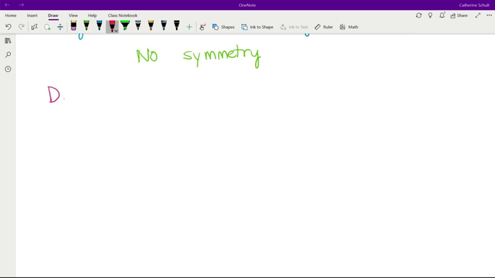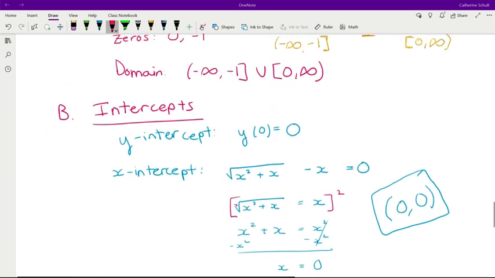And then D, we're going to be figuring out our asymptotes. And we have two different kinds. The vertical asymptotes that happen with domain restrictions, and then we have horizontal asymptotes. In this case, let me go back to the domain.